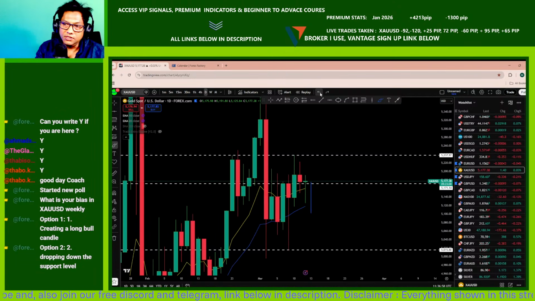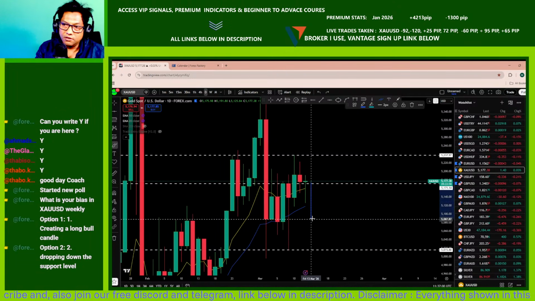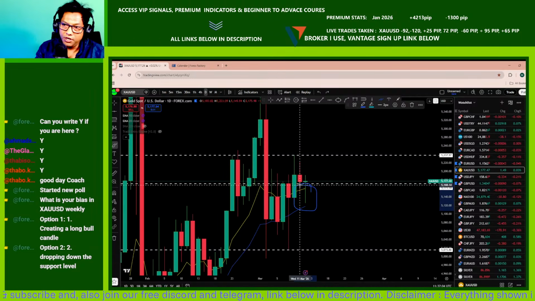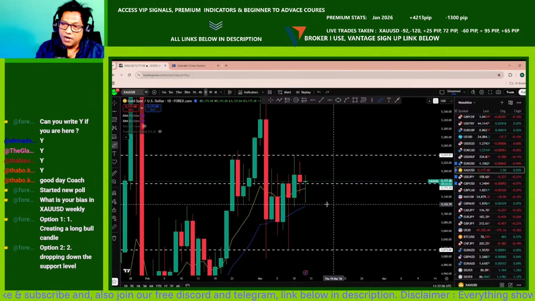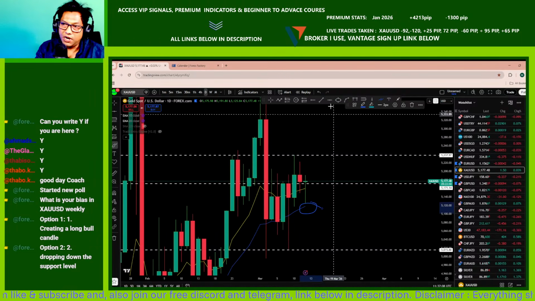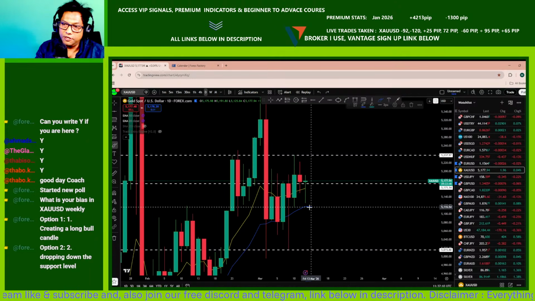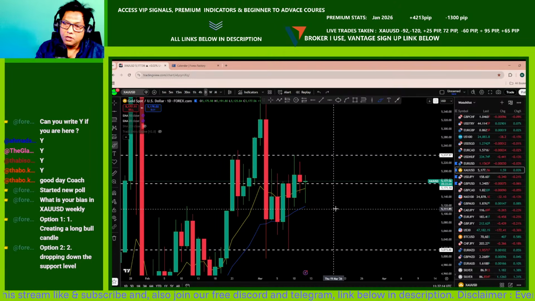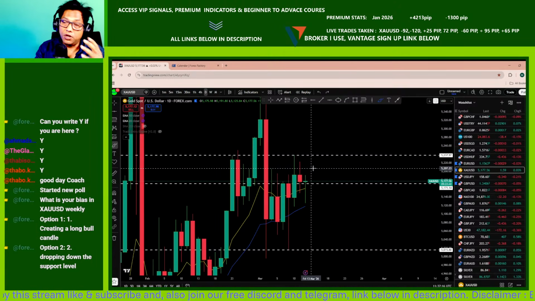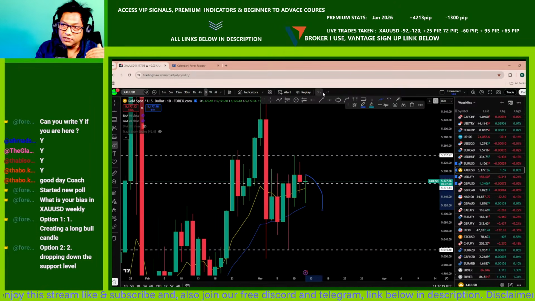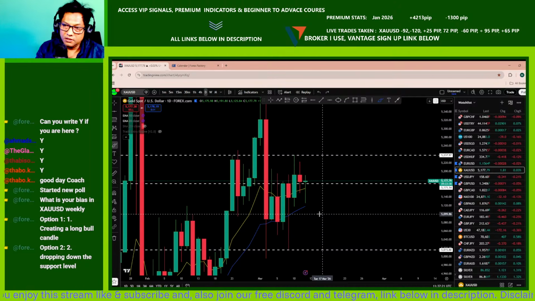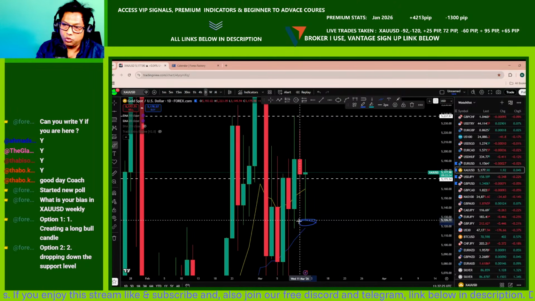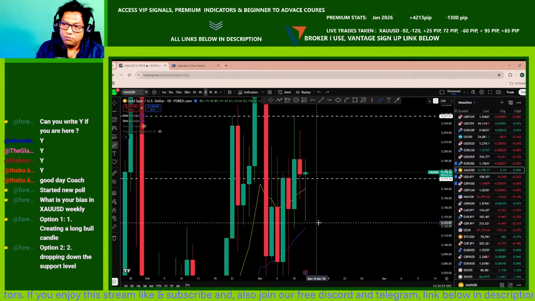With that drop back below here in that market, we are looking at this price action to eventually break the high. Before it breaks the high, there is a chance the market comes down here to retest that low.